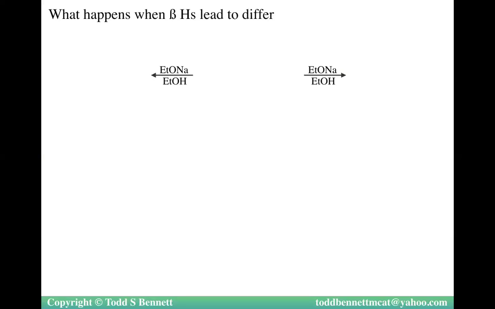So what we'll end up doing is we'll use the exact same reagents and see what happens to an alkyl halide. So when you have beta H's that lead to different products, here's what we're going to have. Here's my alpha, my carbon with the leaving group.